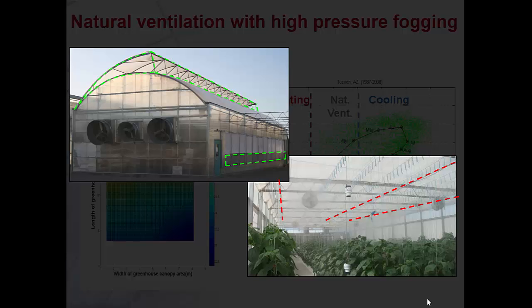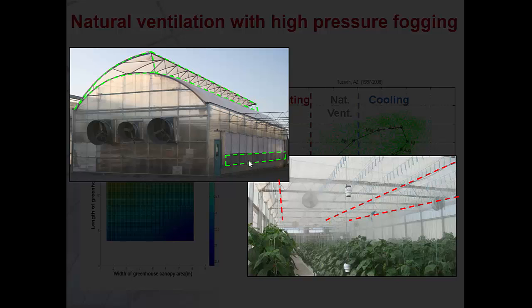Sometimes natural ventilation systems may not be enough to cool the greenhouse, especially in arid and semi-arid regions, just using the side vents and roof vents to achieve the natural ventilation and cooling process. In that case, high pressure fogging systems are also used to improve the cooling efficiency in greenhouse systems, because the uniformity of air temperatures within the greenhouse using a fog system with distributed nozzles is significantly improved compared to the pad and fan system.